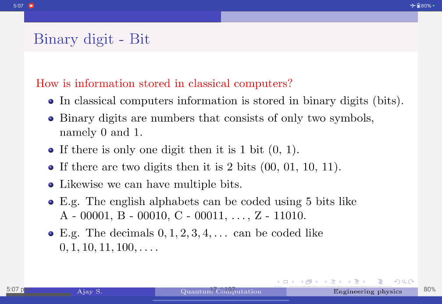And numbers, for example, the decimals 0, 1, 2, 3 can be coded as 0 for 0, 1 for 1, 2 can be coded as 10, 3 can be coded as 11, 4 can be coded as 100, and so on. So any piece of information can be coded in binary digits, in 0 and 1.